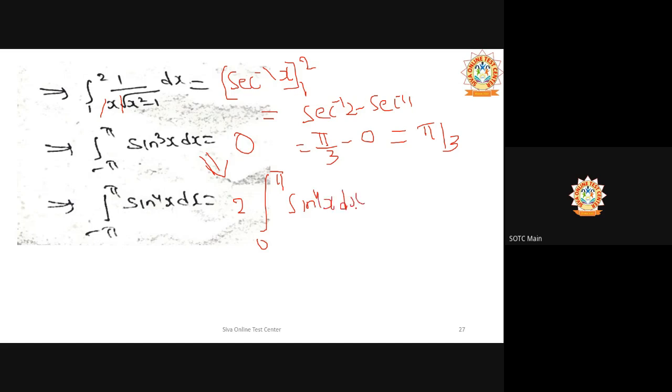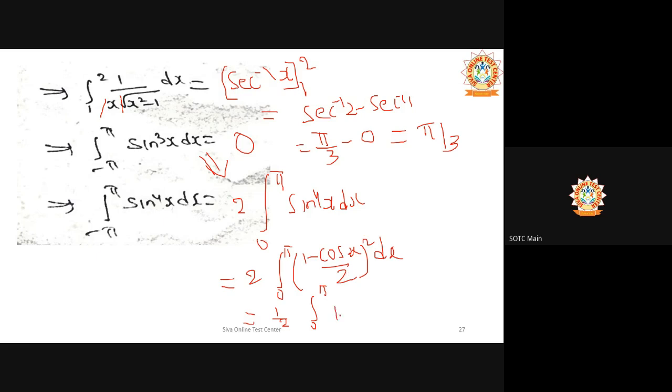Now you need to solve this question by separating, like write this as sine square x whole square. So sine square x can be written as 1 minus cos 2x by 2 whole square dx. So further you can take 1 by 2 whole square, it will come 1 by 4. Then integration of 0 to pi 1 minus cos 2x whole square.